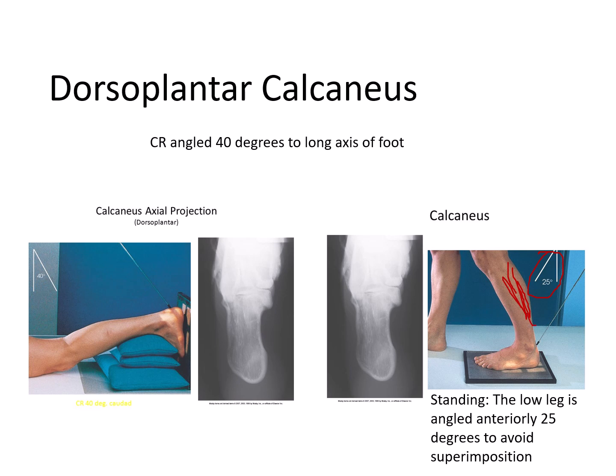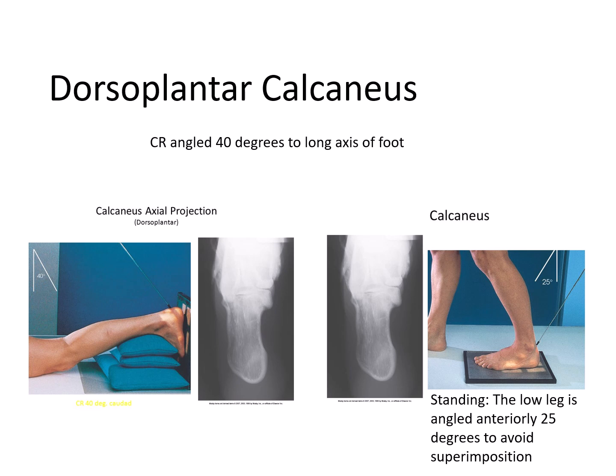The lower leg has to be angled a little bit anteriorly so that it won't superimpose the calcaneus on the x-ray. So I don't want that to confuse you. That's just about the patient leaning that tib-fib forward so it won't superimpose the calcaneus. So don't worry about that.